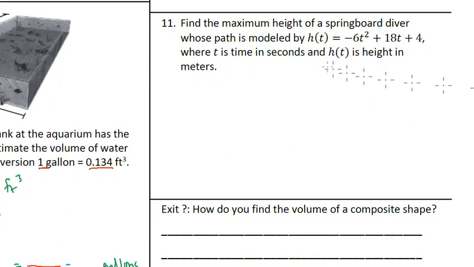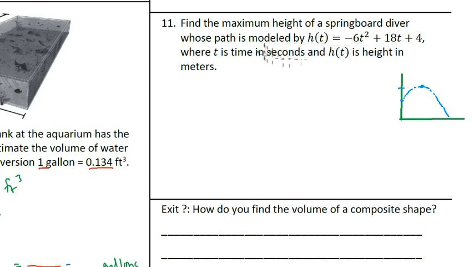Find the maximum height of a springboard diver. Remember, class, if we have a graph, you should remember this. Let me try to put this in lines so I can make it a little more accurate. Remember, for a springboard diver, if you remember doing this kind of a graph, hopefully you do, we start off at a certain height. They would typically jump, and then they would land in the water. Remember, your vertex gives you the maximum height, and it's not the x value, it's the y value.